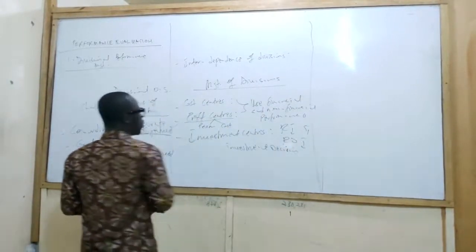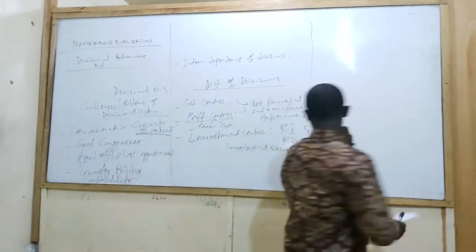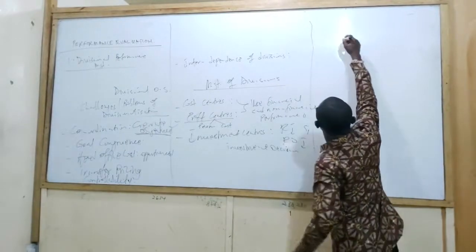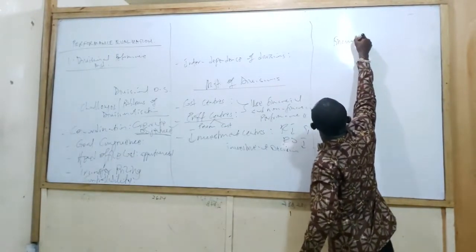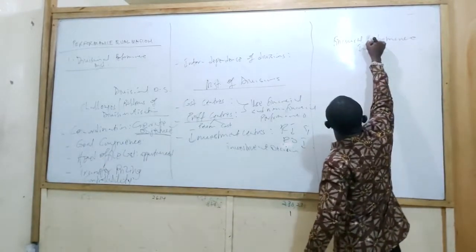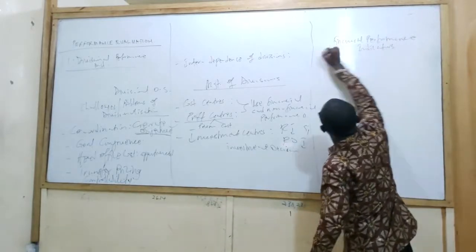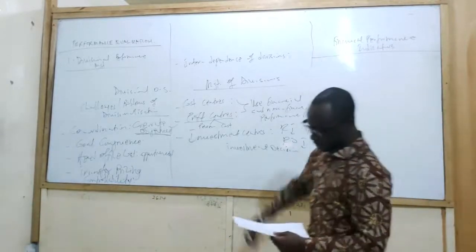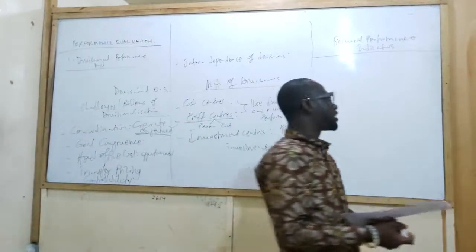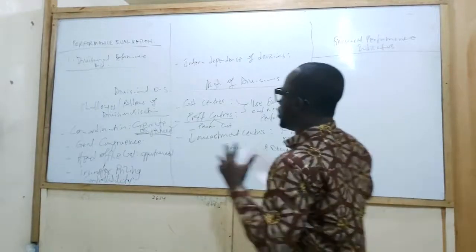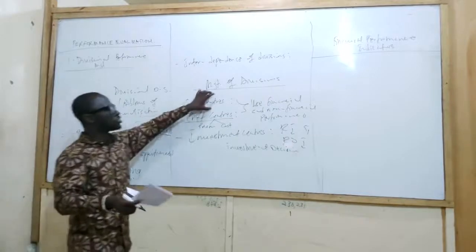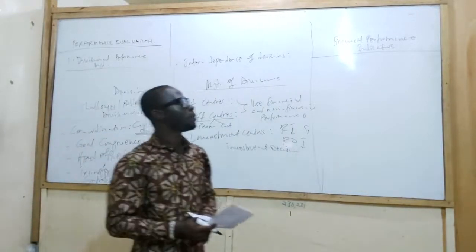Okay, so let's look at these indicators one after the other. Let's start with the financial performance indicators. Now, there are a lot of financial performance indicators that businesses can use in order to appraise the performance of a division or a cost center or a profit center.